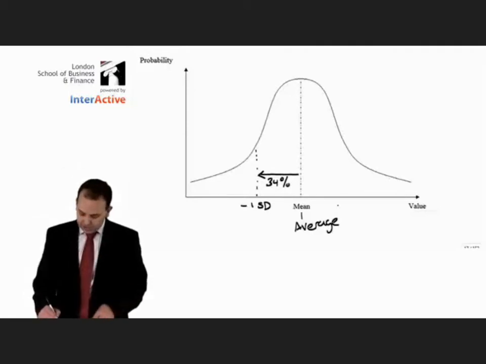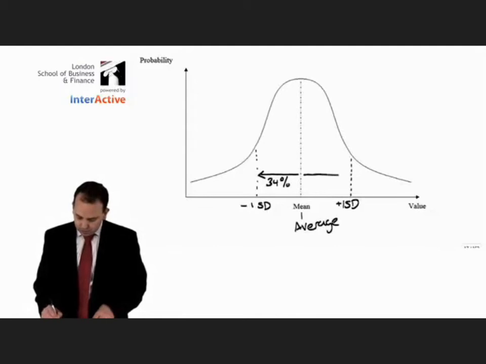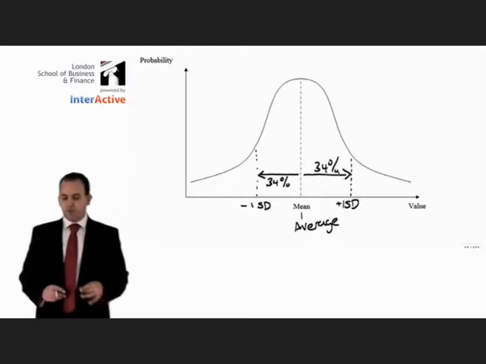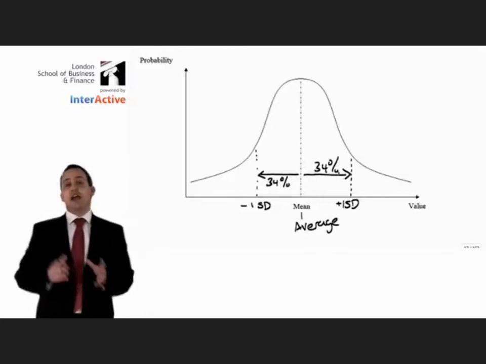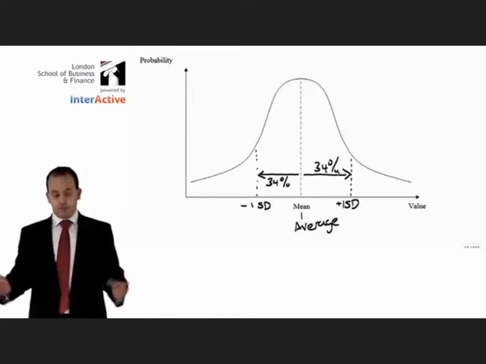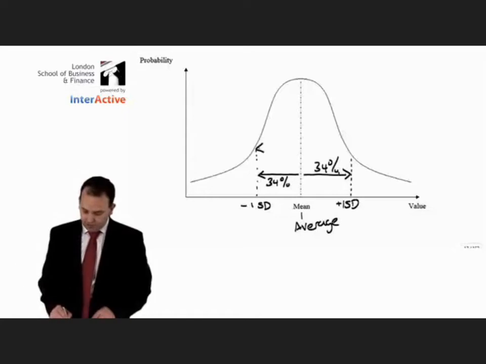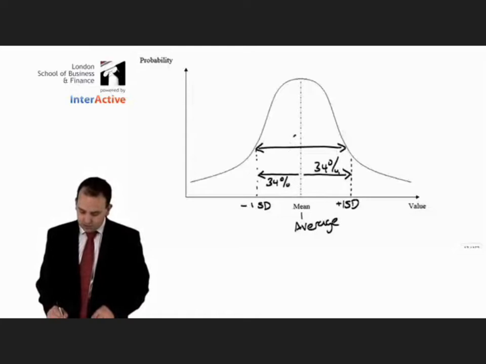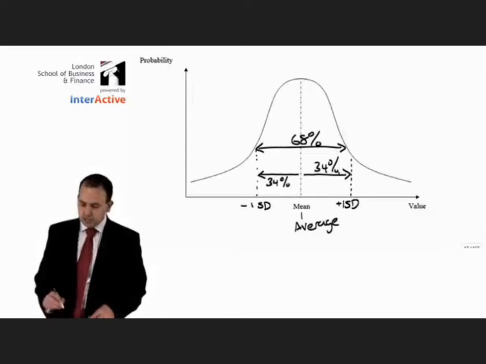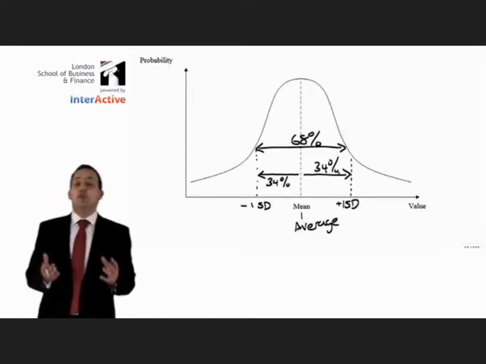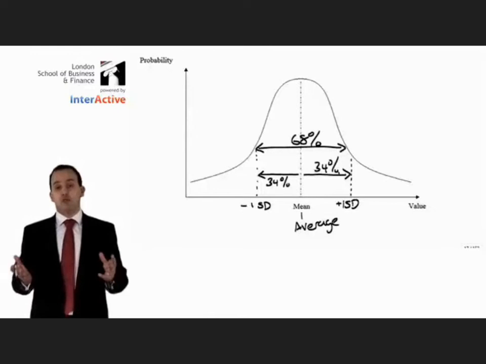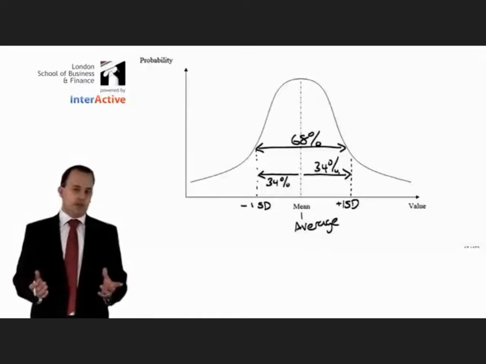Because of the symmetrical nature of normal distribution, then there will also be 34% of the results between the mean and one standard deviation above the mean. And obviously, therefore, that means that 68% of all of your results will lie between plus and minus one standard deviation of the mean.